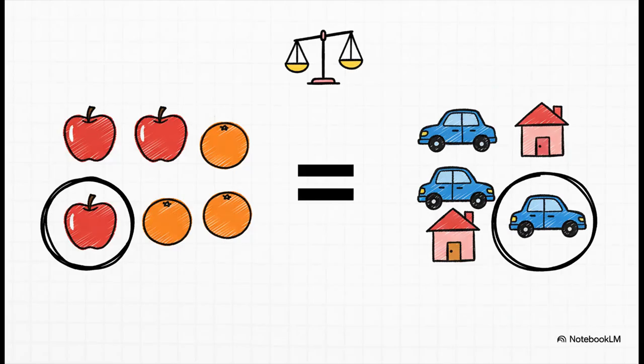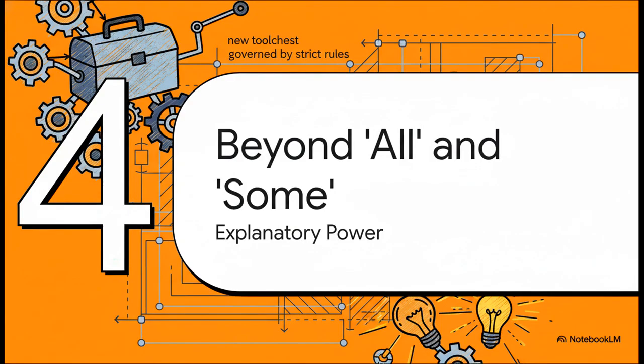And conservativity isn't the only rule of the game. There are others, like one that basically says the logic only cares about the numbers involved, not who or what you're talking about. So whether it's most apples or most galaxies, the logic of most works the exact same way. This is what keeps the rules consistent and universal. Okay, so we've got this new tool chest, and it's governed by these strict universal rules.